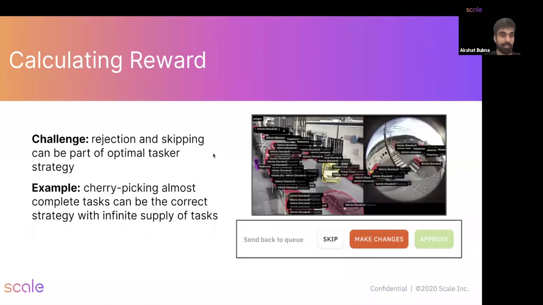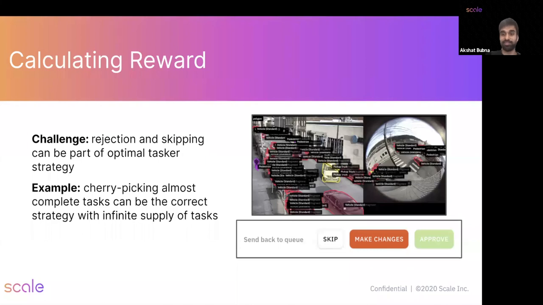Great. To add more complications into the mix, we allow taskers in our system to reject tasks, which means that taskers that are really trusted are reviewing other people's work. Since we don't want them to be fixing a task if, let's say, it was left completely undone, they should have the option of rejecting it and having it go through our pipeline again.